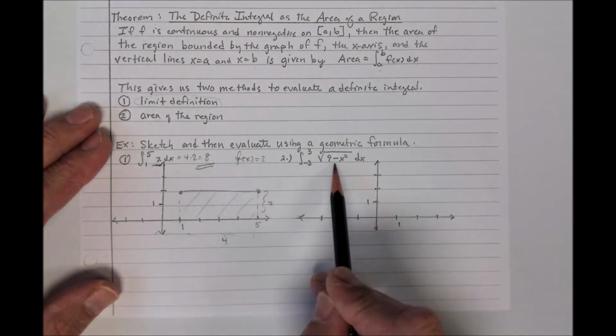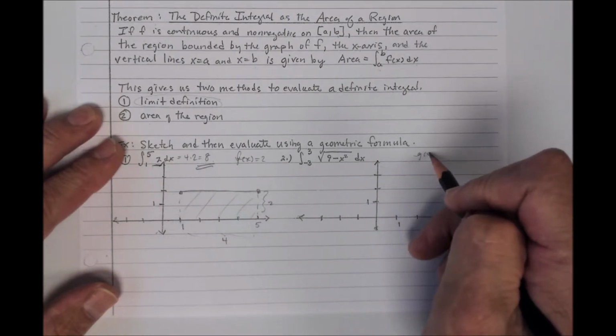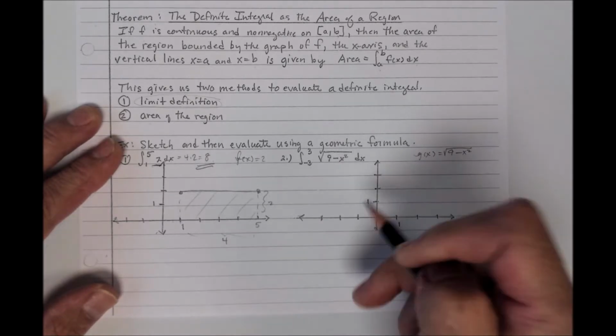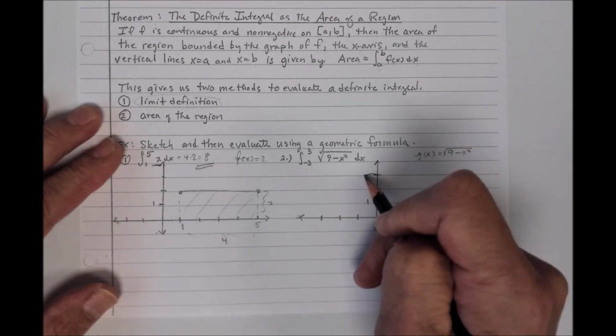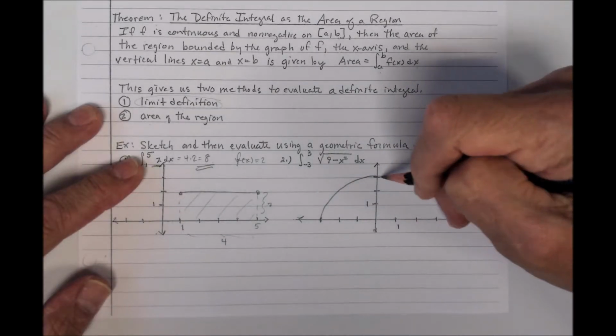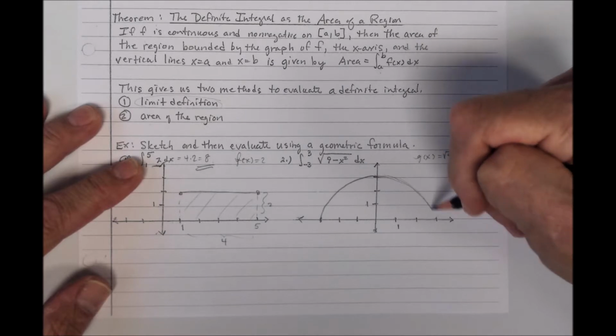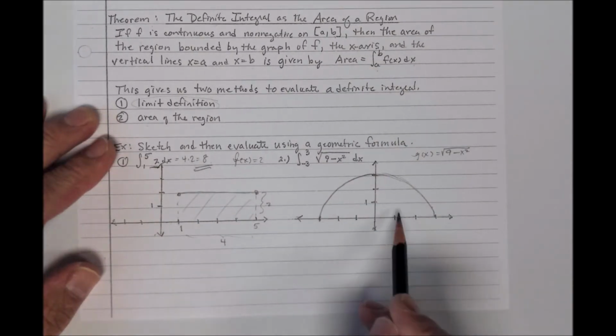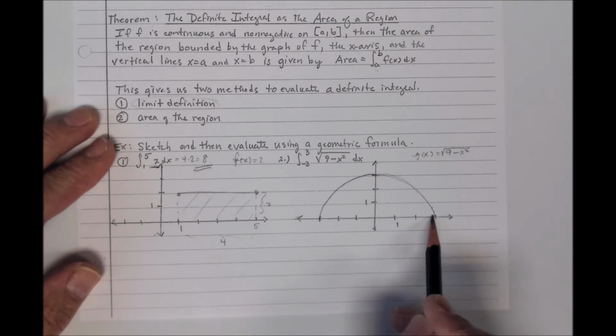And here's another one. Let's say g of x is this function, the square root of 9 minus x squared. Well, that's actually a semicircle. I'm never going to draw it as nicely as I should because I did not use a ruler. I kind of freehanded them. But this is a semicircle with center at 0, 0 and radius 3.